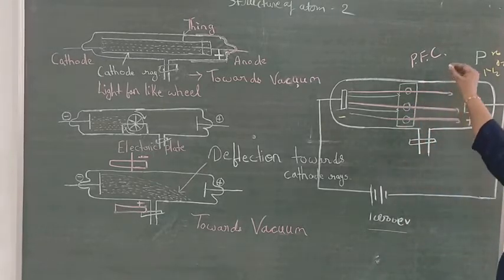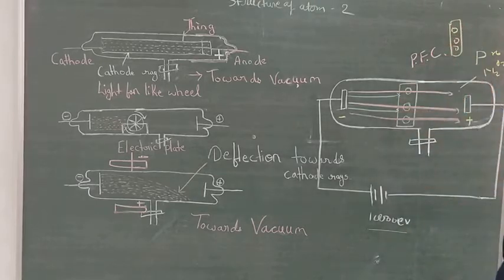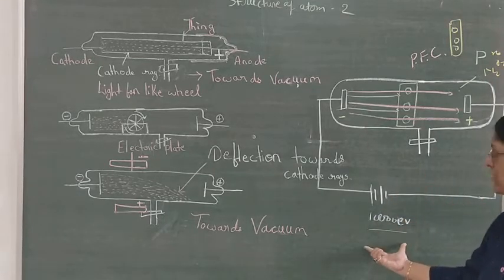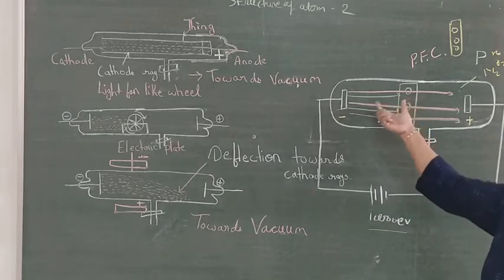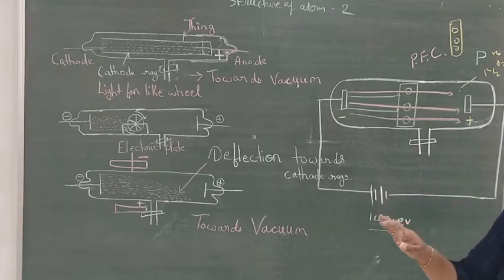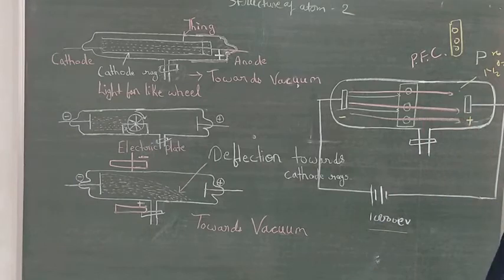A cathode which has a definite amount of sieves. Sieves are there. That is why it is known as perforated cathode. So what is happening? As we applied again 10,000 volt inside this discharge tube, the same result came that no electricity developed inside this discharge tube, because at high pressure gases are the best conductor of electricity.